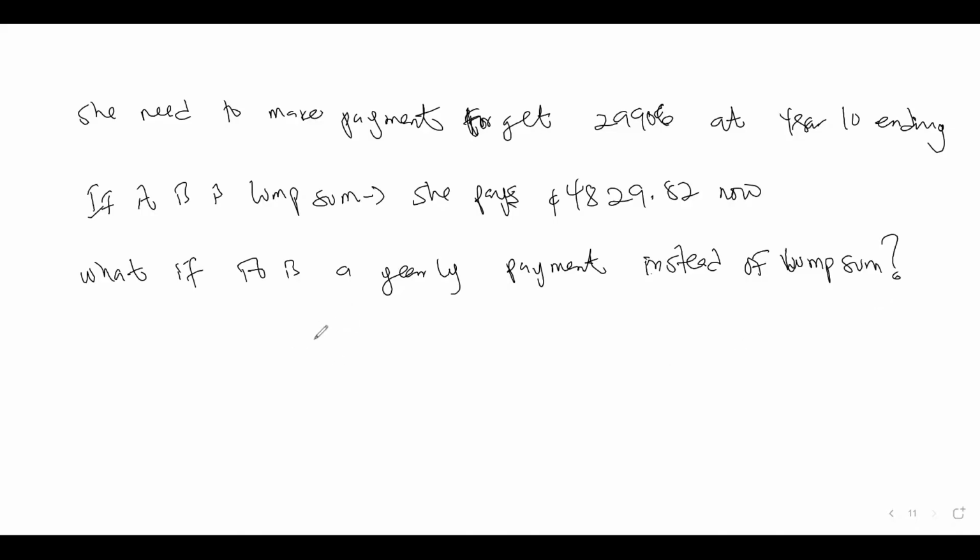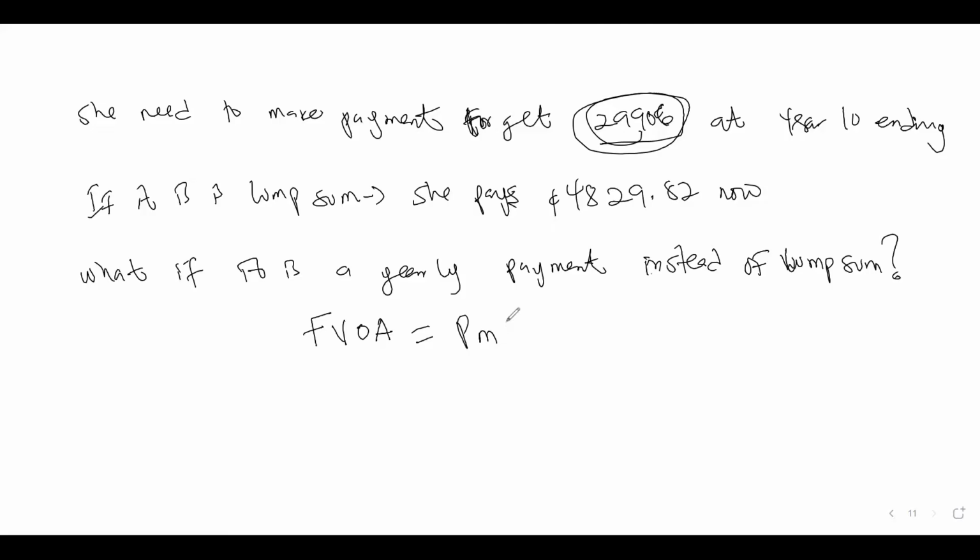Remember, we want to make a yearly payment to get this future value. So it means that we are looking at a certain future value of an annuity. Once you have to make a yearly payment to get a certain future value, it's not a lump sum. We are dealing with the future value of an annuity.